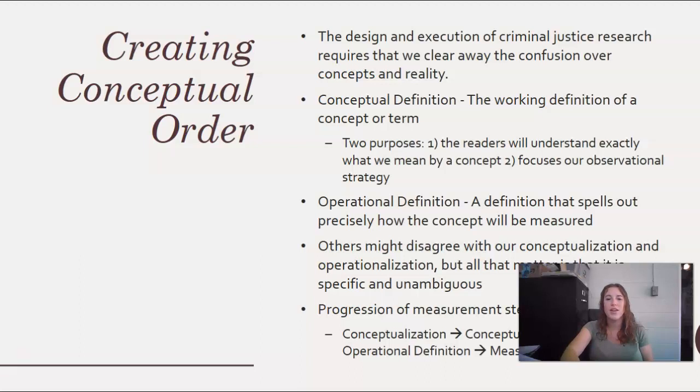We, however, use conceptual definitions first. This is a working definition of a concept or term. This allows the readers of the study to know exactly what we mean by a concept, and it allows us as researchers to focus what we're trying to do in our study.